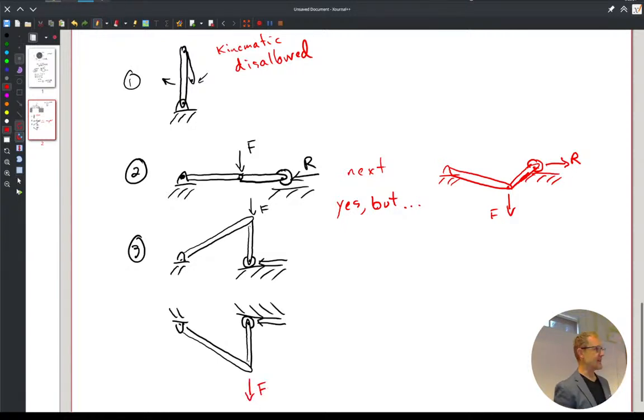And now, if you flip it upside down, it's pretty stable. And this one, if you remember from statics, you remember the term zero force member? That becomes a zero force member because everything is in line with each other.